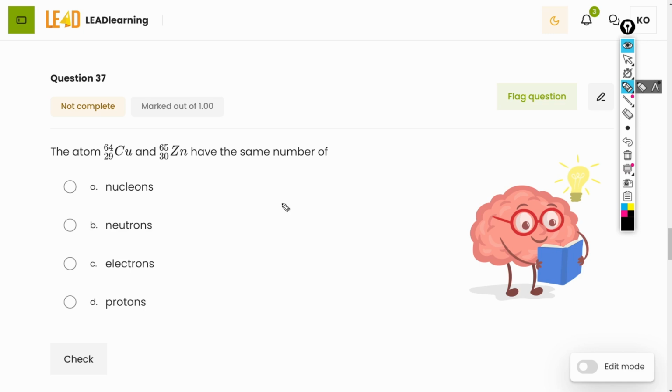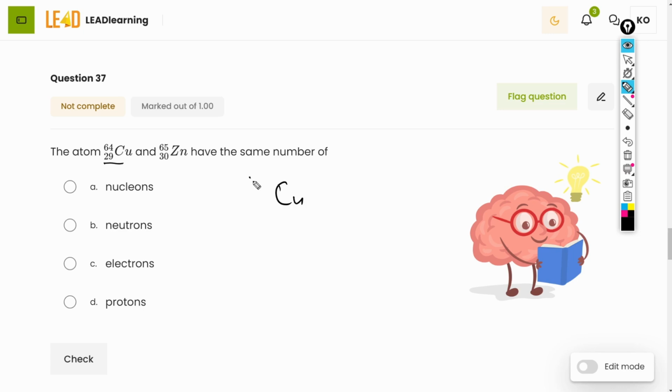Question 37. The atoms copper-64 (29) and zinc-65 (30) have the same number of... okay, now let's bring this out.